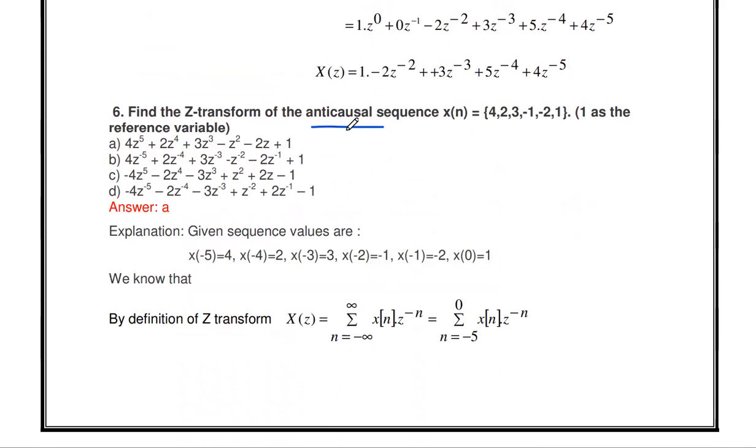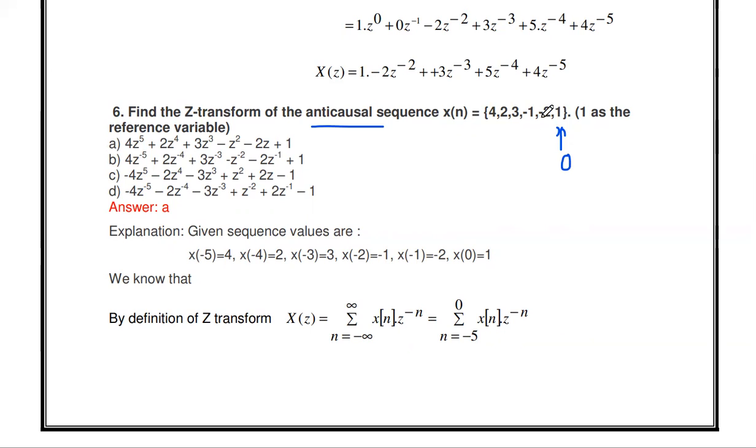Similarly, in this problem, find the Z transform of an anti-causal sequence. Anti-causal means the full x of n value is available in the negative time axis. Here the data is given as 4, 2, 3, minus 1, minus 2, 1, with 1 as the reference variable. This 1 is the n equal to 0 value.